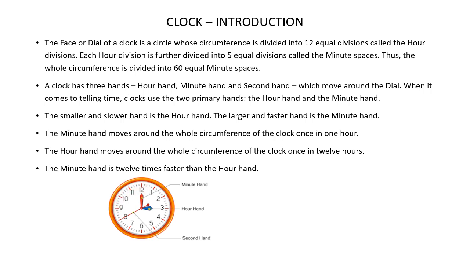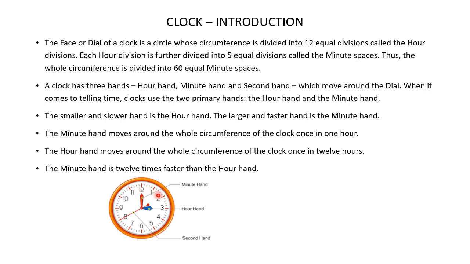Now the hour hand, on the other hand, moves only 1 hour division in 1 hour. Supposing the hour hand is at 3, then in 1 hour it moves from 3 to 4. So in 1 hour it has covered only 1 hour division. So to cover 12 hour divisions, the hour hand will take 12 hours.